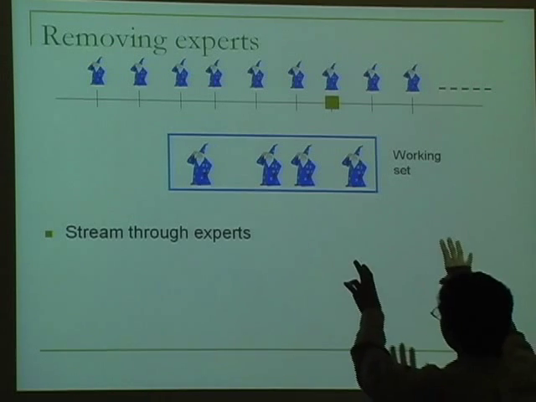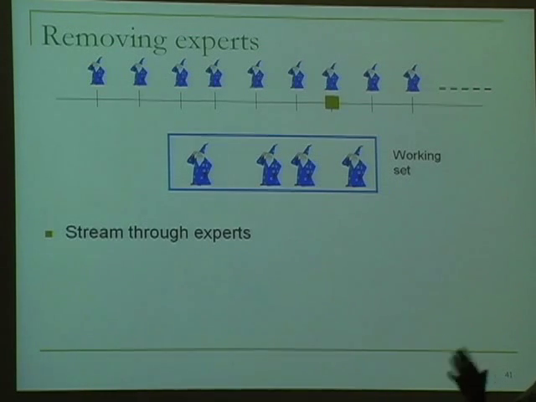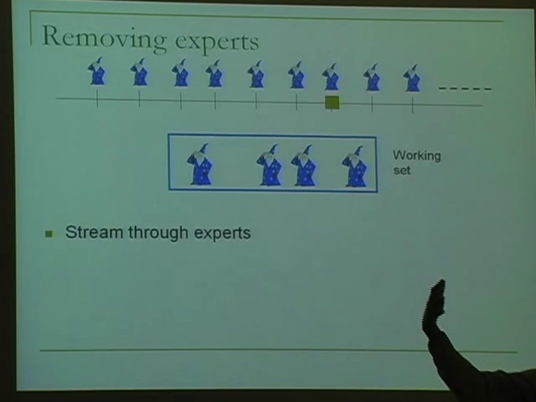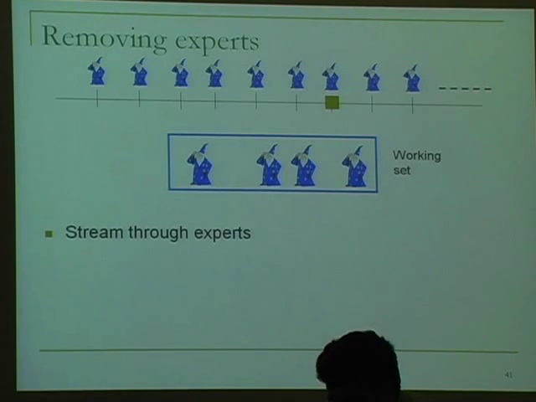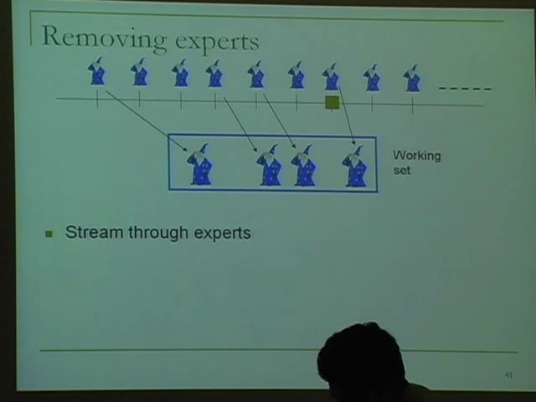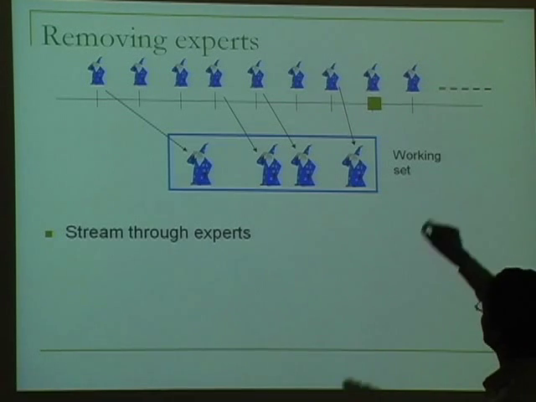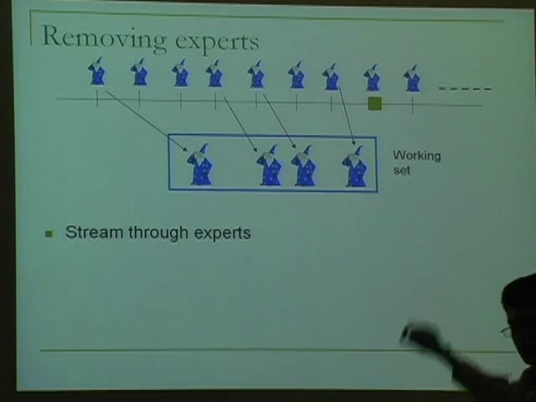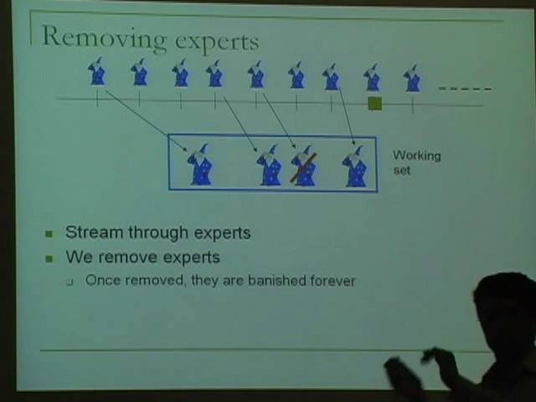So there's going to be a working set of experts who we're listening to. Before, it happened to be all the experts that you've seen so far. Now it's actually just going to be some subset of them. So some experts are not going to be in this set. And now, for the next animation, we move from time step t to t plus 1. We decide to remove an expert.